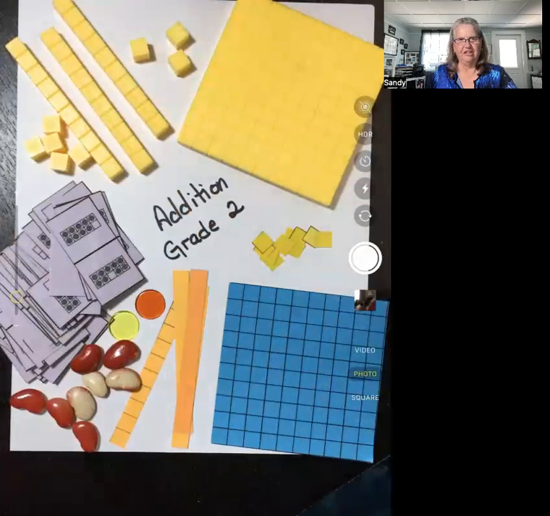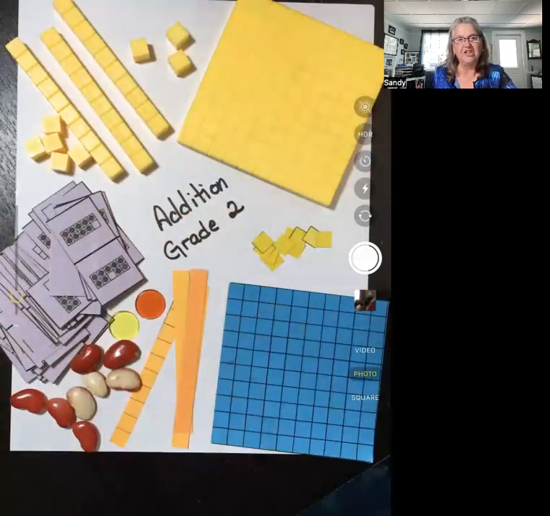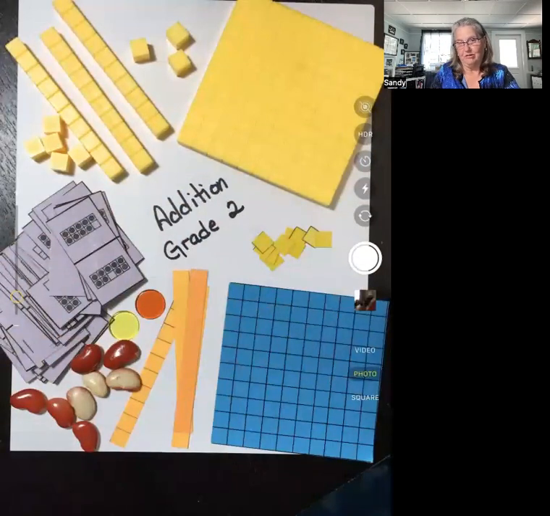All of these materials are purposely selected to help build that conceptual understanding that we talked about in the 5 strands of math proficiency, right? That conceptual understanding and procedures come from the concepts. So these are selected to help build the concept of addition, help model the story problems, and help build the strategies that we're going to talk about.